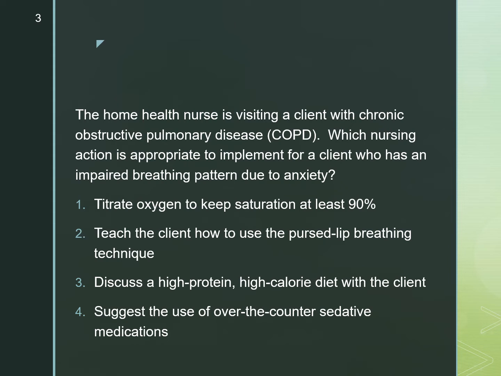They're already having dyspnea because of the inability to blow out the carbon dioxide. The sedatives are going to slow down the breathing, and they're going to retain even more carbon dioxide. So looking at this question, I'm going with number 2. Number 2 would be very appropriate.